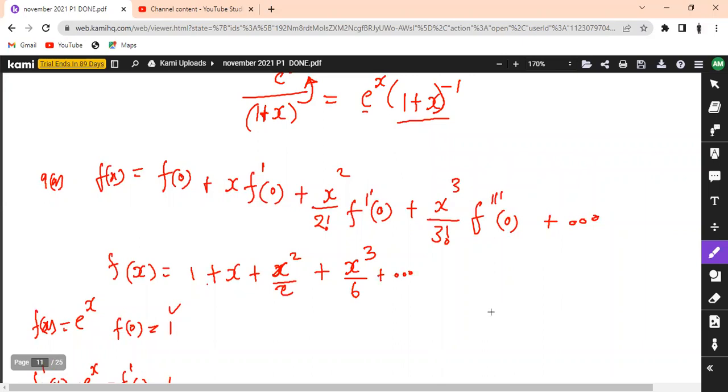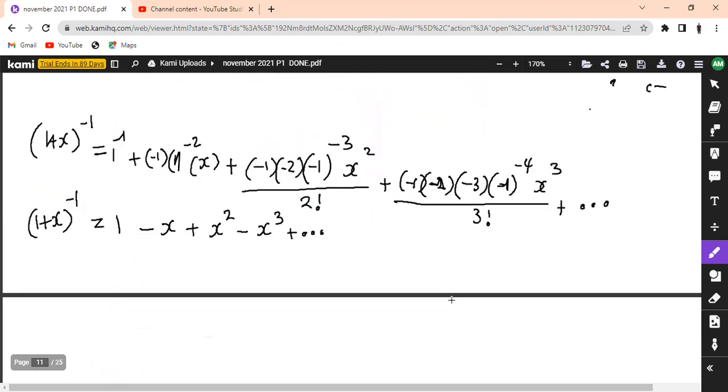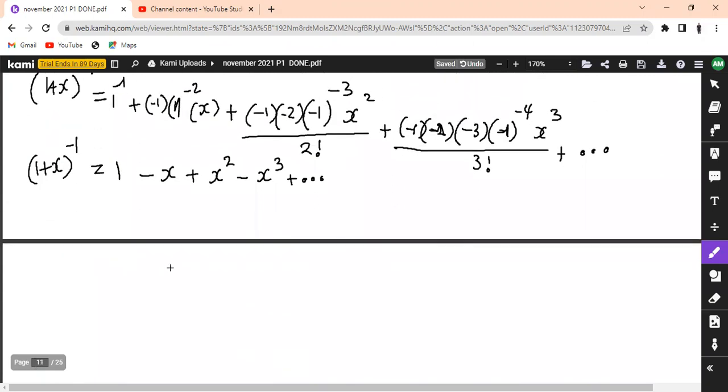Okay, so that is f of x, which is e to the exponent of x. Now we are going to multiply the resultant, because we said we have got a product of two here, the product of e to the exponent of x and 1 plus x to the exponent of minus 1.